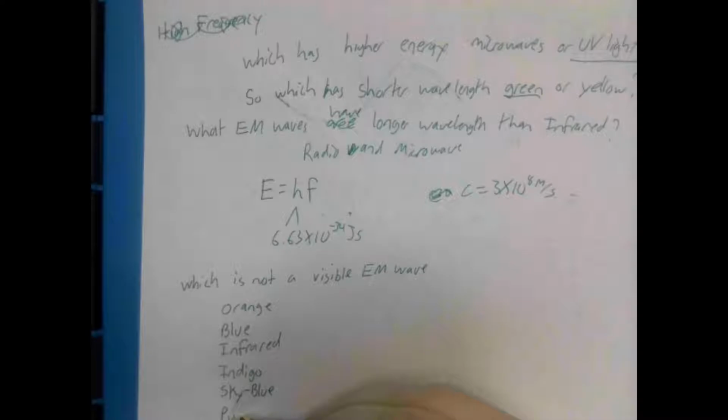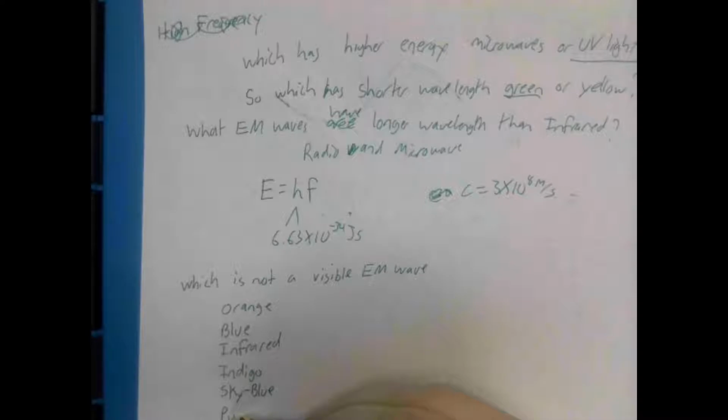So infrared is not in the visible spectrum. Is that it? Which one's that blue one? Sky blue technically is. Indigo is. Blue is. So sky blue is a lighter color of blue. This isn't on the test. But purple was the other one.